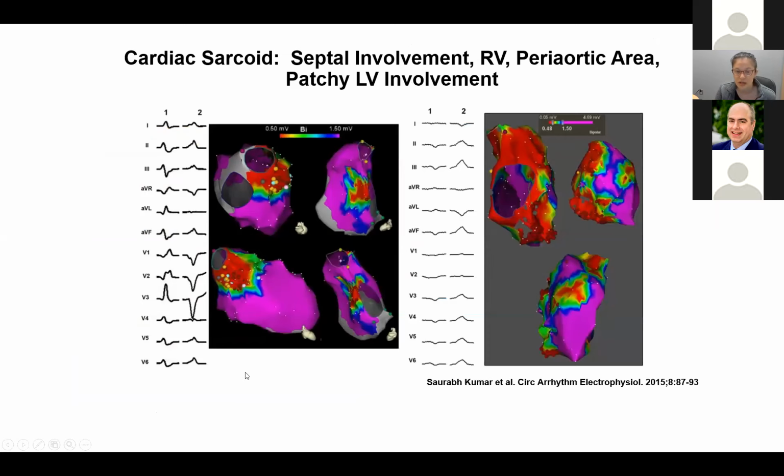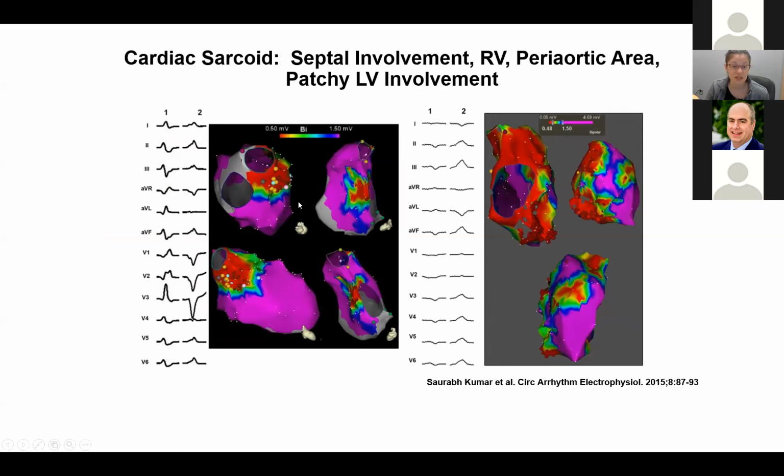And here's just a couple figures from a paper that we published on a series of patients with cardiac sarcoid. And we think of these patients as having right ventricular cardiomyopathy very often, as shown over here on the right side. You can see a right ventricular voltage map with low voltage areas sort of all around the annulus, also involving the septum, but involving the free wall too, just as you might see for arrhythmogenic right ventricular cardiomyopathies.